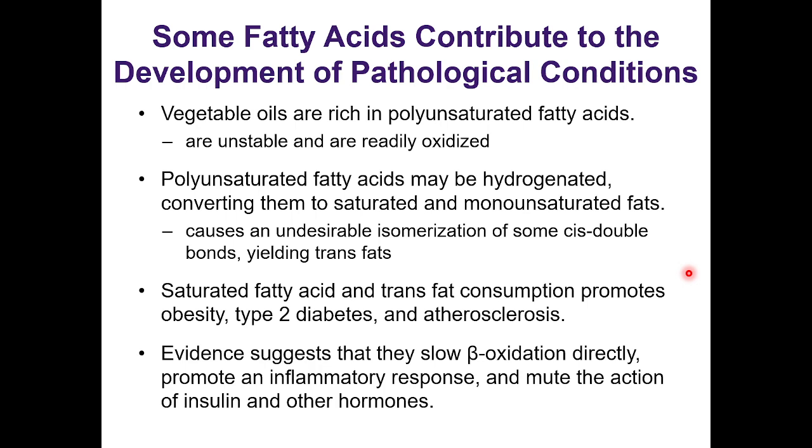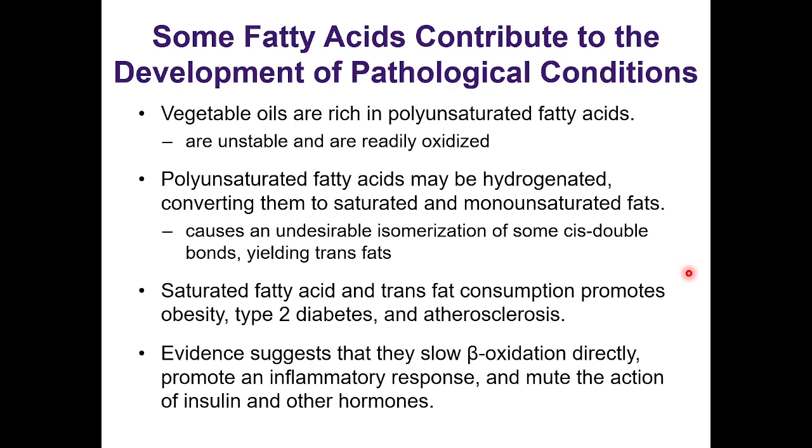The vegetable oils are going to be rich in polyunsaturated fatty acids. These are going to be unstable. They're going to be readily oxidized. Your polyunsaturated fatty acids may be hydrogenated, converting them to saturated and monounsaturated fats. This causes undesirable isomerization of some cis double bonds, yielding trans fats.